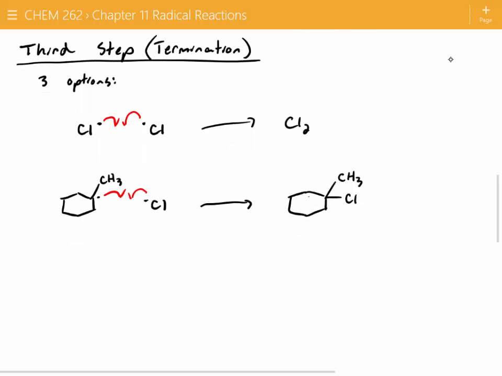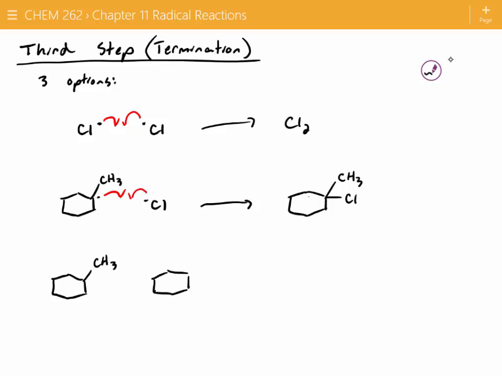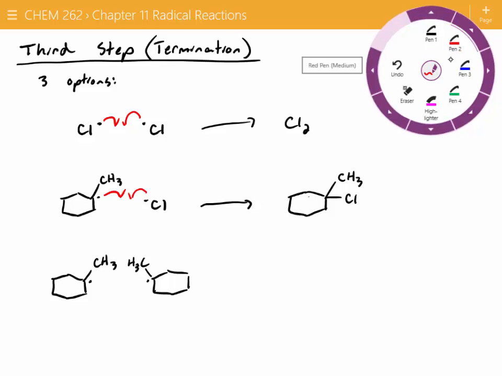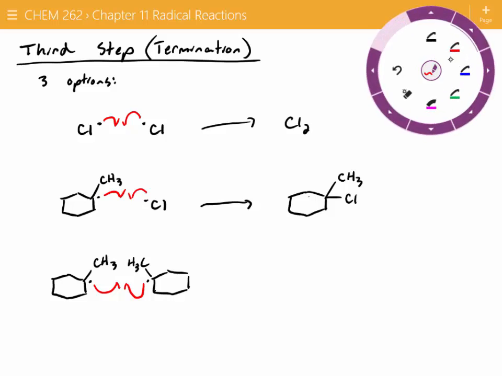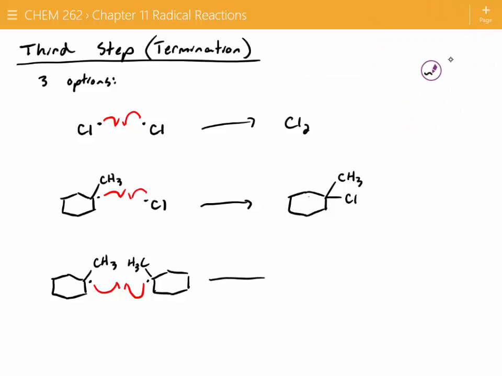Or the last one, which is undesirable but oftentimes a byproduct, is you can have 2 of your alkanes coupled together. In this case, it's not going to be very likely because we know that this would be a very, very sterically crowded reaction. But theoretically, you can imagine these 2 alkanes coupling together and forming some covalent bond if it were possible.